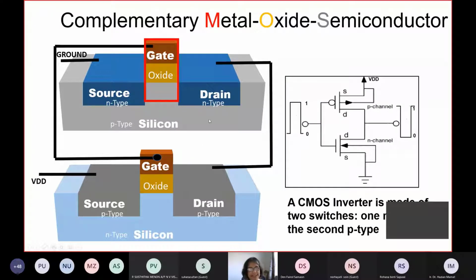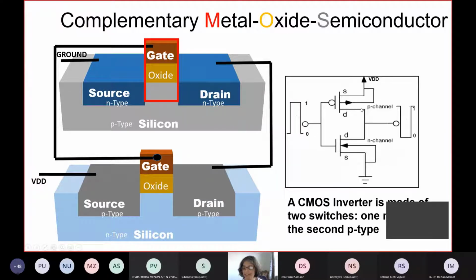Now, if we take two of these transistors, one is an n-type transistor, and this is a p-type transistor, so they are complementary, and we connect them together. That is, for the p channel we connect the source to VDD, and n channel we connect the source to ground. We connect the two drains together and the two gates together, and if we apply a pulse like this at the input, what we get at the output is an exact opposite, and this is known as a CMOS inverter.